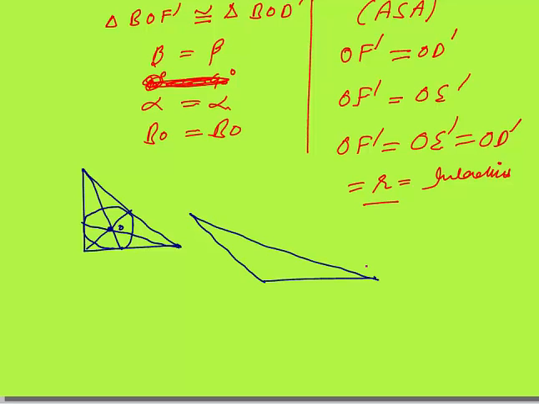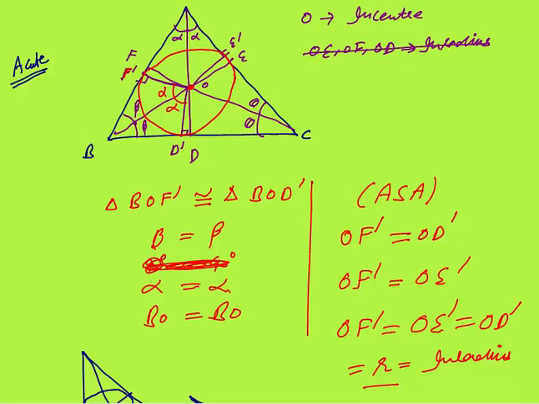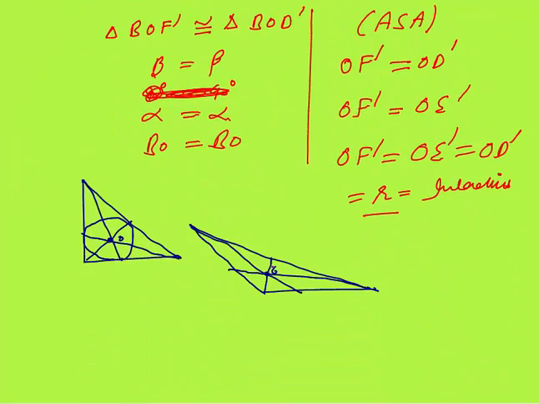Same way in an obtuse angle triangle also, the incenter will be inside the triangle, because this is angle bisector 1, angle bisector 2, angle bisector 3. So they will also meet inside the triangle. So it is very important that the incenter always lies inside the triangle, whether it is an acute angle triangle, a right angle triangle, or an obtuse angle triangle.